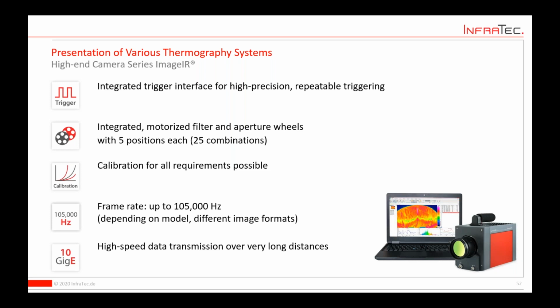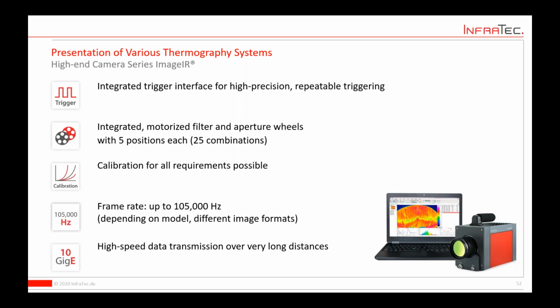We put these cameras into chambers in which we heat up their environmental conditions, so that you as a customer can expect a stable calibration even if the camera temperature changes due to changes in the environmental conditions.